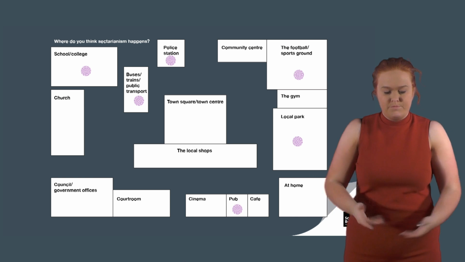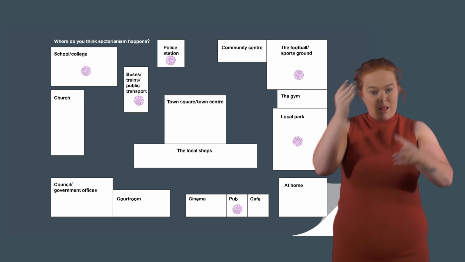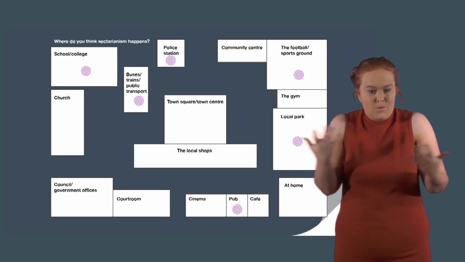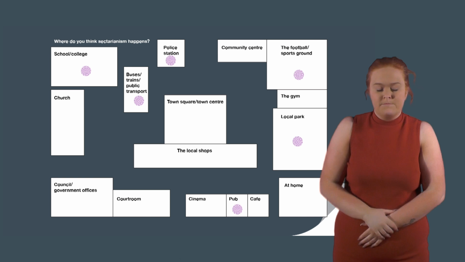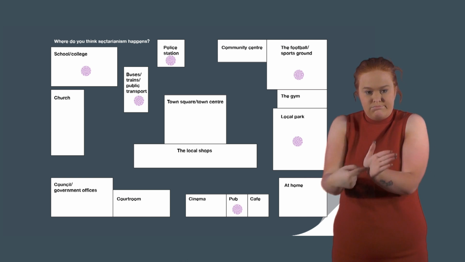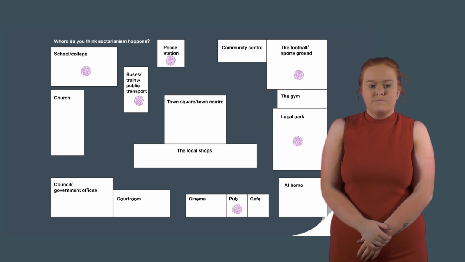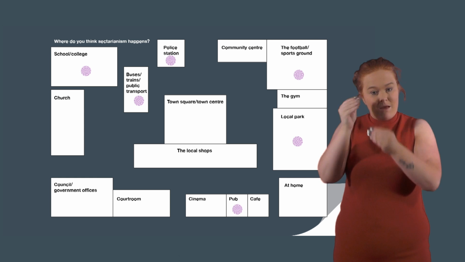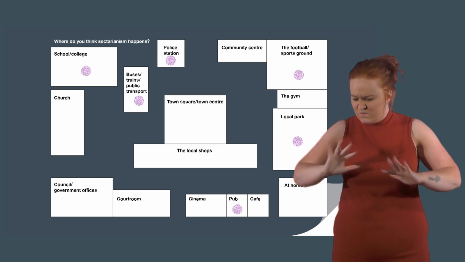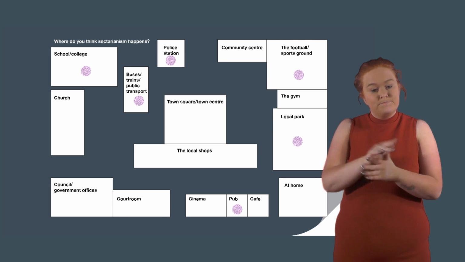It suggests that this learner has no personal experience of sectarianism happening around them in their community. The question has been worded, where do you think sectarianism happens, deliberately, in order to keep the activity as accessible and open as possible. With a location like at home included on the map, asking where have you experienced sectarianism is asking for a level of disclosure that some learners might find uncomfortable.